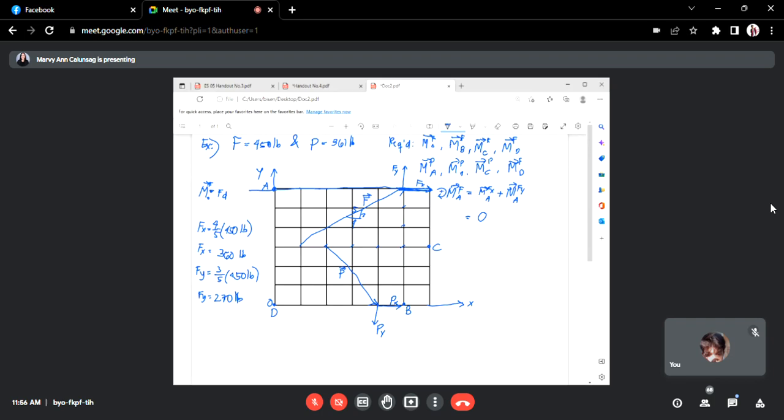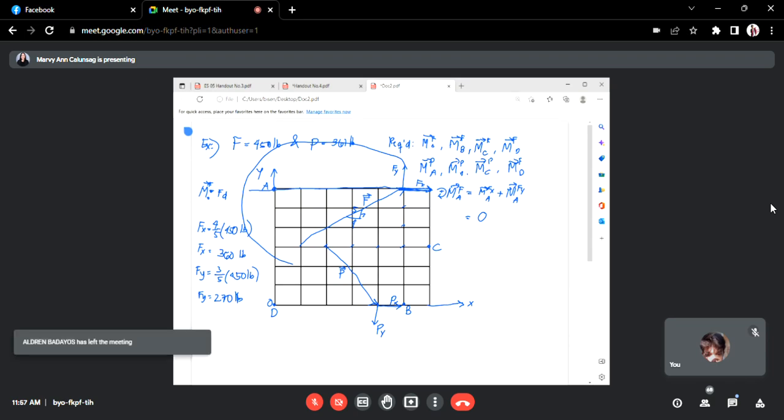So, Fy, what is its rotation about A, class? This is Fy, right? It turns toward A, and that is its rotation about A. Is it counterclockwise or clockwise? Counterclockwise. So, negative.